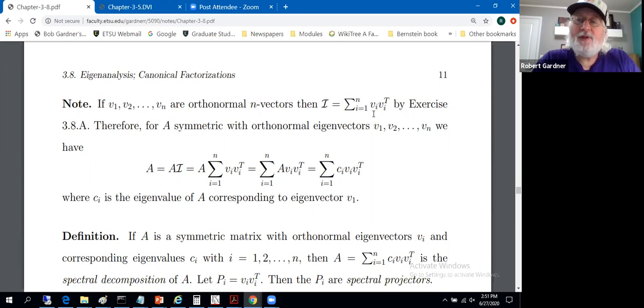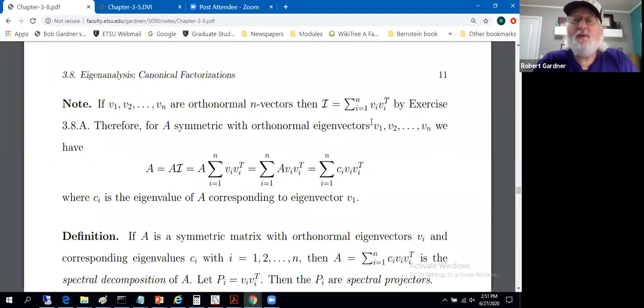Then we take the outer product, V sub I times V sub I transpose. Remember, V sub I is an n by 1 column vector, and this is a 1 by n row vector. By default, when we say vector at this stage, we mean column vector. When I take the matrix product of these two, also called an outer product of two vectors, it produces an n by n matrix.